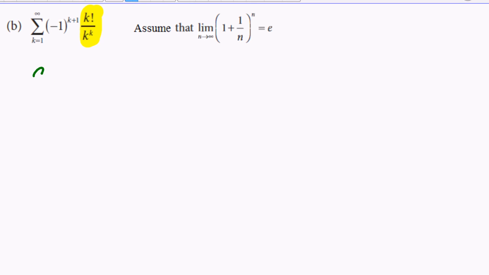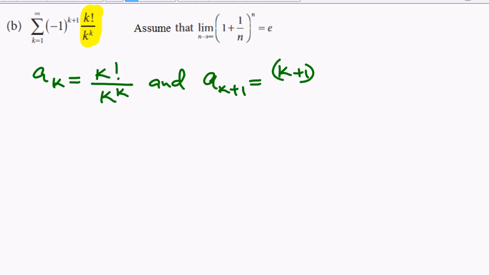So a sub k will be equal to k factorial over k to the power k, and a sub k plus 1 will be equal to k plus 1 factorial over k plus 1 to the power k plus 1.